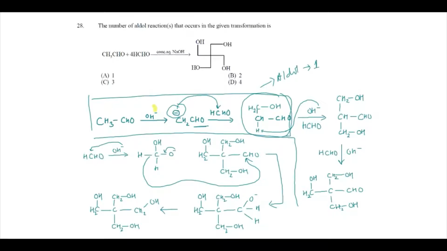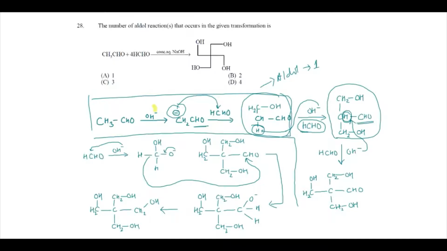Next, there is another alpha carbon attached. So, the hydroxide, which is already present in the system, is going to take this hydrogen, and then the corresponding carbanion will react with the formaldehyde and will give something like this. Here also we have another alpha carbon, alpha to the carbonyl group. So, this will be again taken by the base.